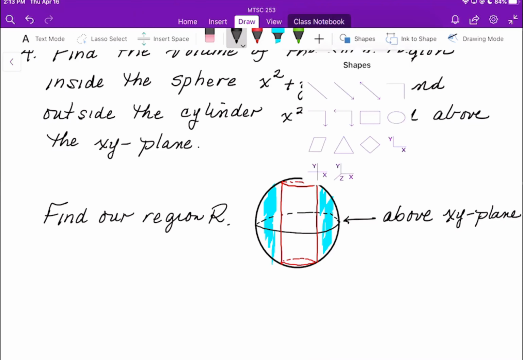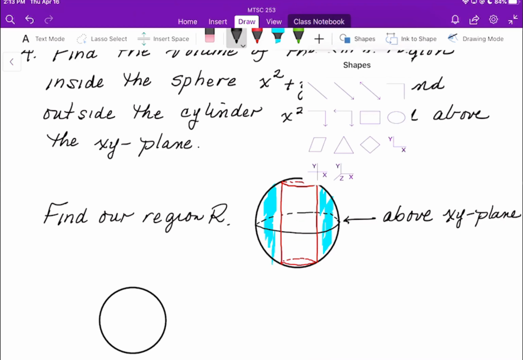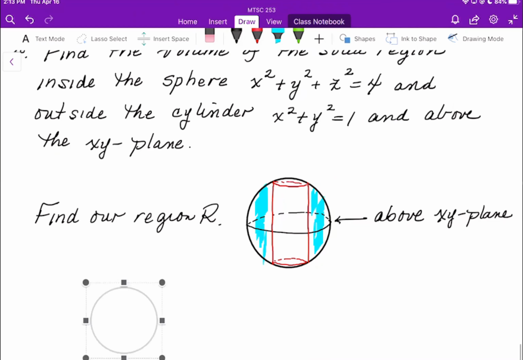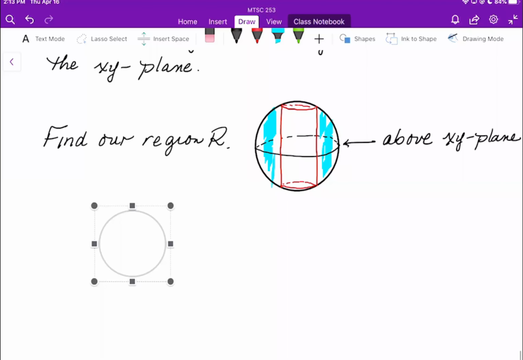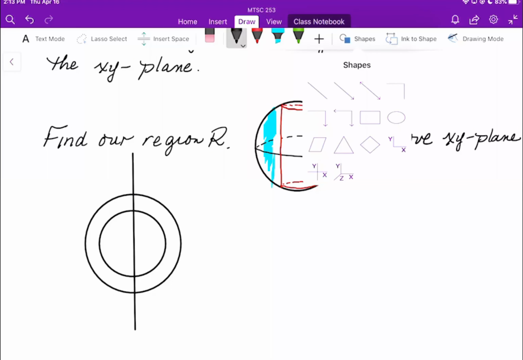In the xy plane, hey, I did that pretty well. Quite proud of myself. It's not drawn to scale, but it looks pretty good.